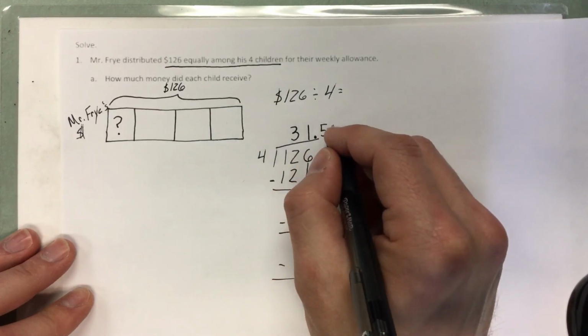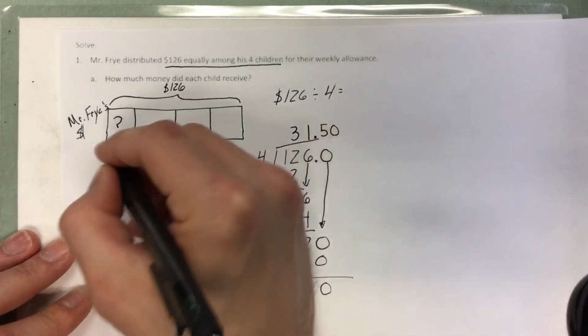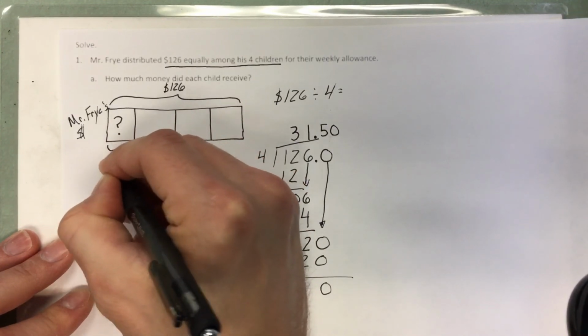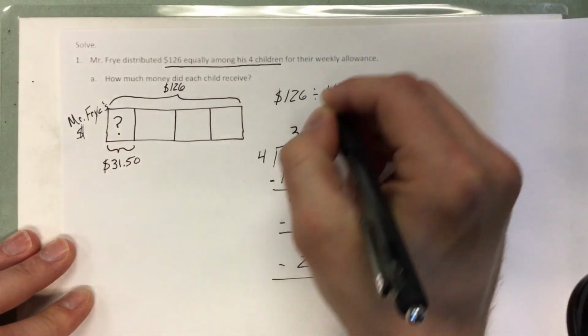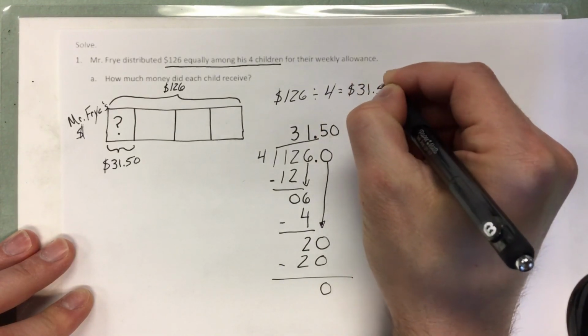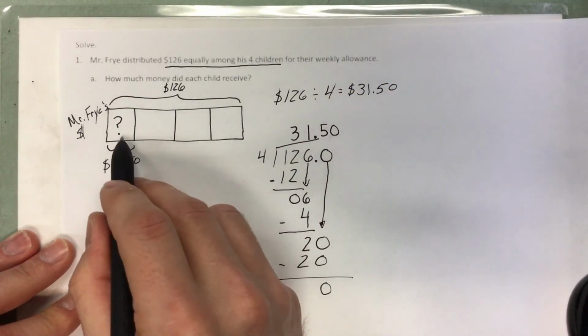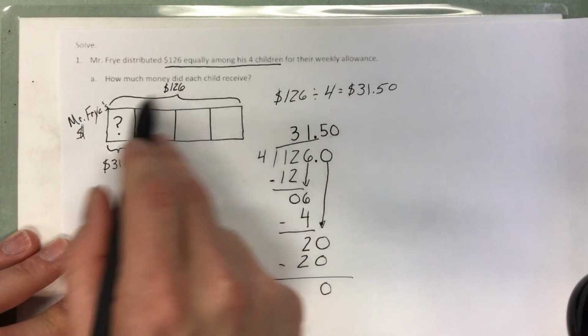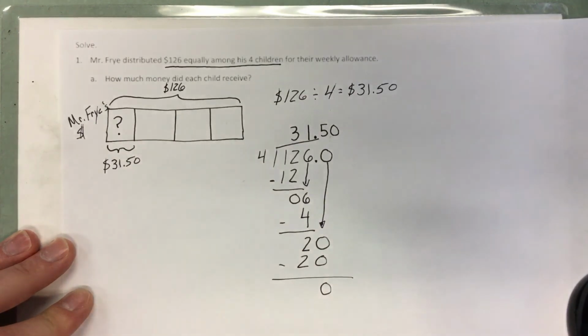Well, that's a 0. So each child would receive $31.50. And if you fill these boxes, each one with $31.50, and added those 4 together, you would get 126. Was your answer correct?